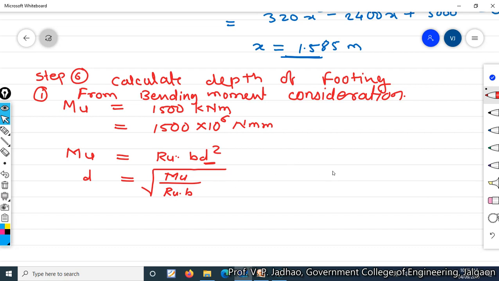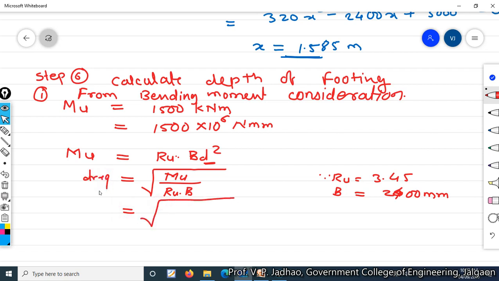Now we have already calculated the value of Ru as 3.45, and we are considering the value of B as capital B, which is equal to 2400 mm. So we can write this equation for small d, that is depth required.